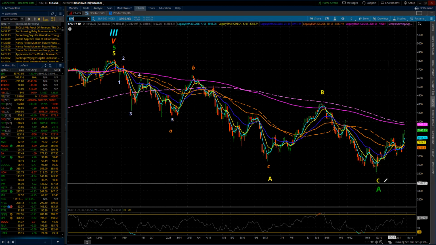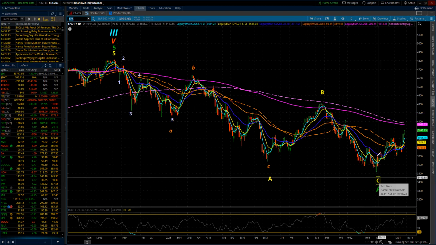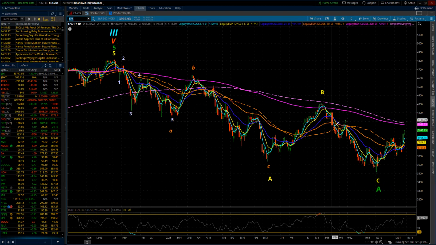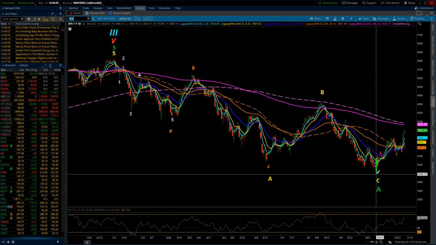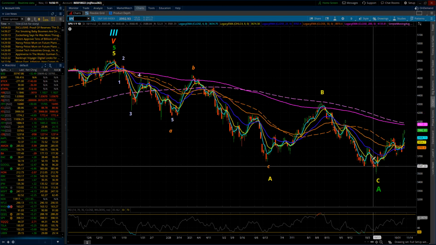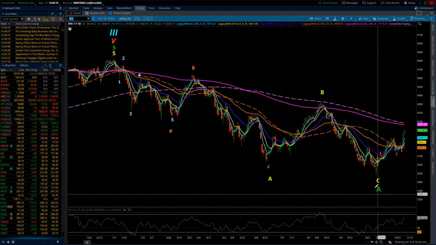And then we have the C wave, an intermediate C wave, and you can see that 1, 2, 3, 4, 5, nice and clean, a beautiful first, a nice extended third, and then a pretty normal fifth. And then we got that blast off of that low. Now, what did that finish?